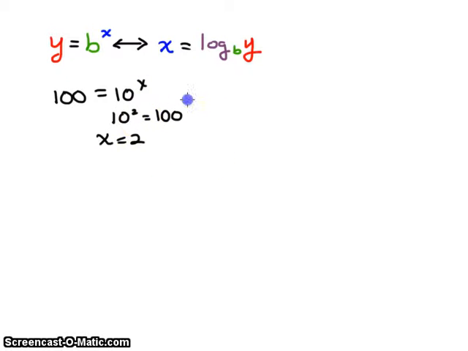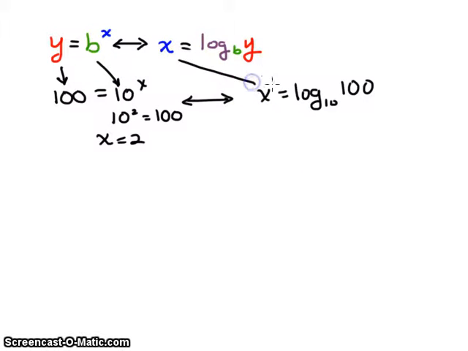Now if we relate that to the logarithmic expression here, what this is saying is that x is going to be equal to the log to the base 10 of 100. So here y was 100, b was 10, and x was x. And so here again, x is x, b is 10, and y is 100. So all I've done is rearrange according to the template that I have here.